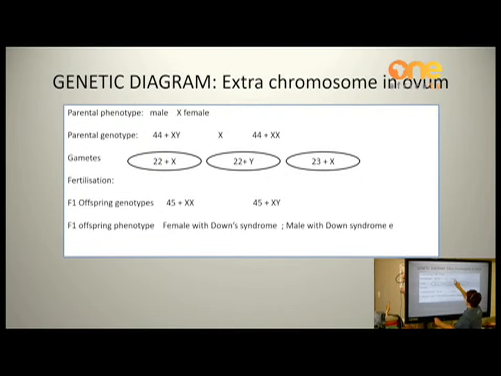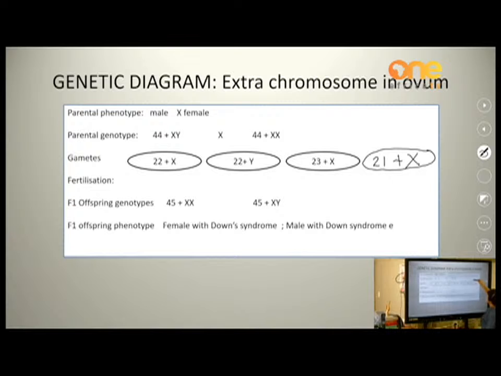Now, they separate, and instead of having 22 plus X, there's 23 in the one chromosome, and in the other one, how many will there be? There will be 21 plus X. You see?